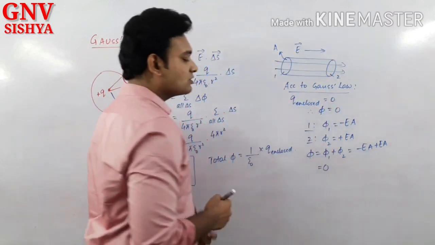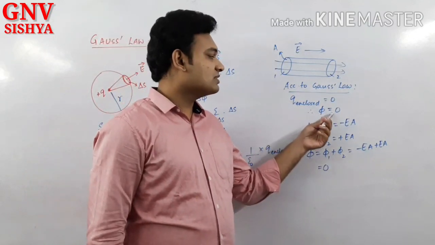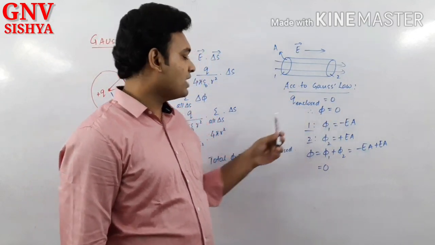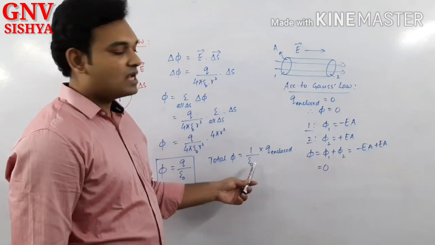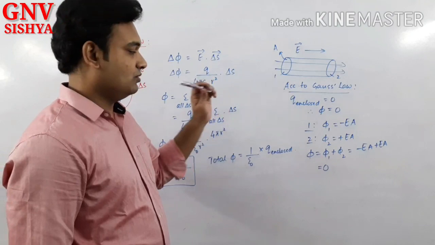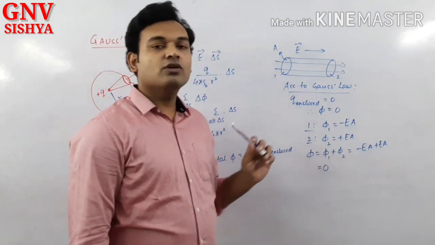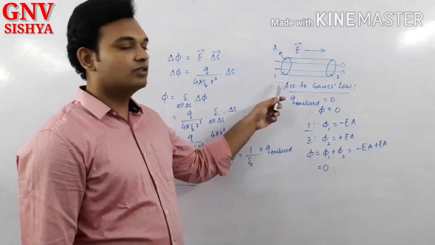That is what we saw in Gauss law also, right? So using Gauss law, we have found out the flux very easily just by applying a very simple concept. The charge enclosed is 0, therefore total flux coming out will obviously be 0. So the same we have proved using the normal method of finding out the total flux. So this proves Gauss law.